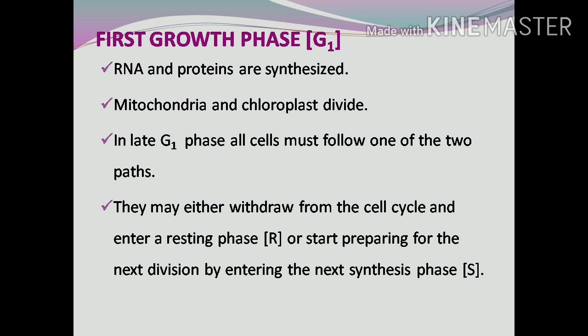First, the cell may undergo the resting phase, or it has to undergo the next division, that is, the cell division. If it wants to undergo cell division, it has to prepare itself. So in that condition, the cell will move to the next phase, called the synthesis phase. Otherwise, it stays in the resting condition.